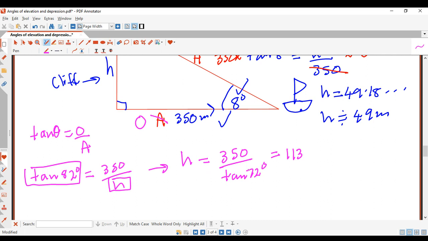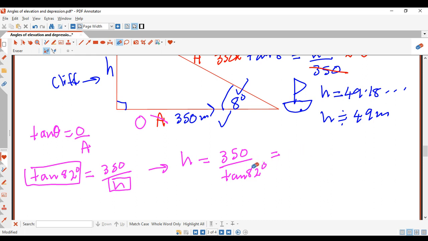And this will be 82 as well. I'll just fix it up so it's clearer. So it's 82, and that means it's not 113, of course.